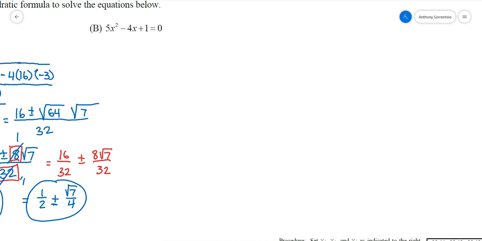So now, this is A, this is B, this is C. So based off of the quadratic formula, X is going to be, again, that negative is part of the structure of the formula. B is -4.